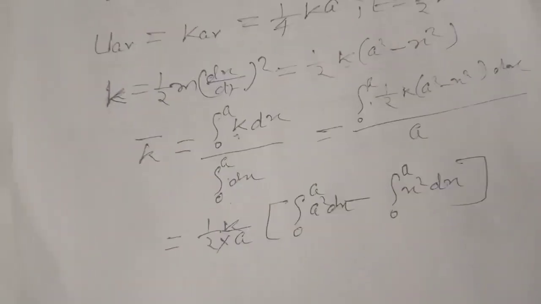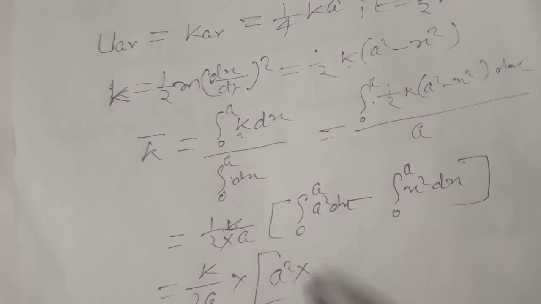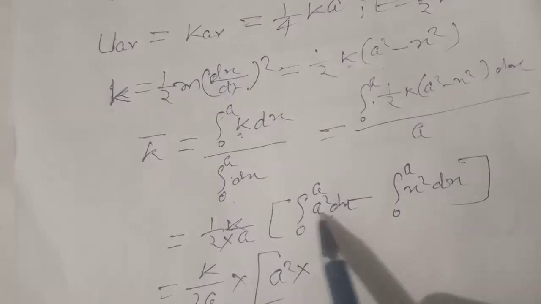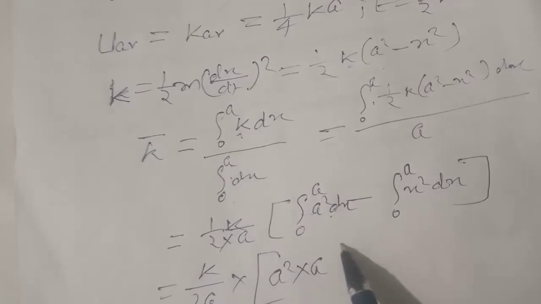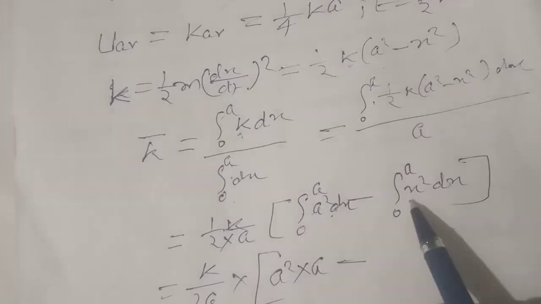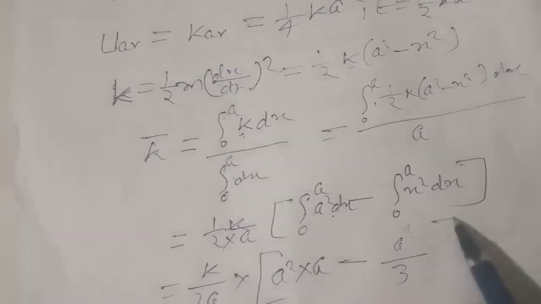Solving this, we have k/2a times a² times a minus, because the integration of x² dx is x³/3, so this will be a³/3.